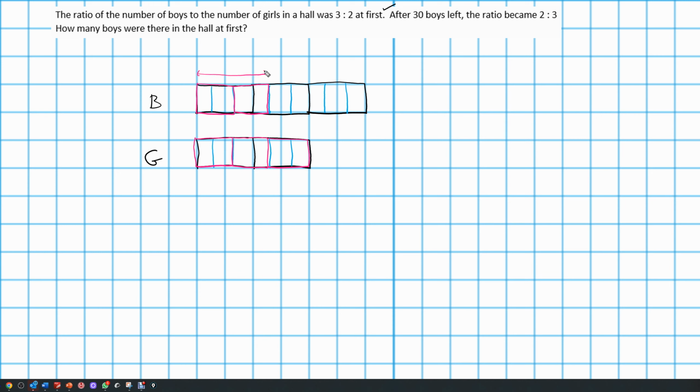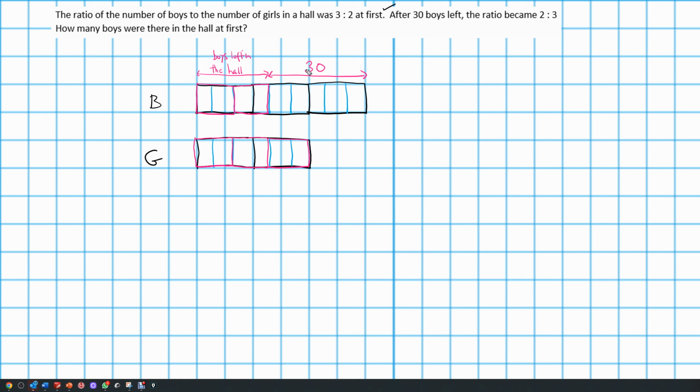Okay, boys left in the hall. Okay, and this bit must be the boys who left, the 30 boys. Okay, so that's 30.